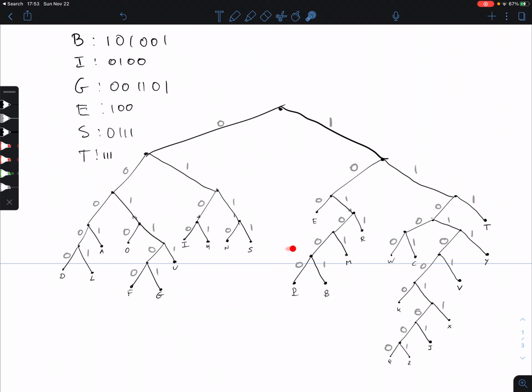Here most of the vowels are in here. Then the T and the E. Be careful: a lot of these are not leaves, so they don't characterize anything. The only ones on level 3 are T and E, but then there are a few on level 4.